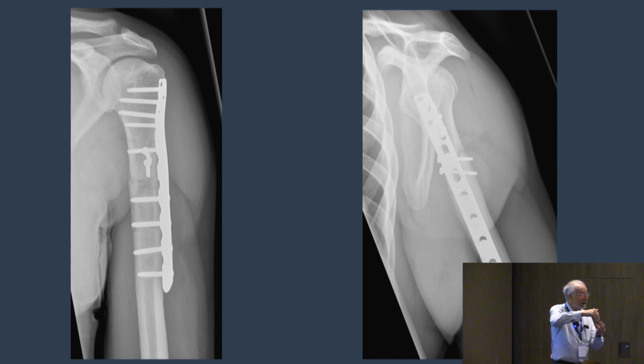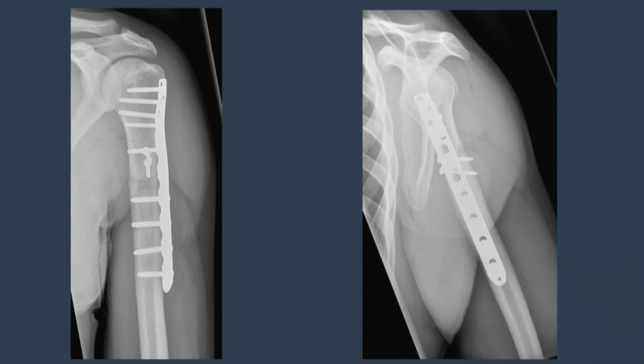And so to get another plane of control, it's now quite common, and I would favour it, to put an extra little plate on there, orthogonal to your main plate. It gives you more control over the rotation than you can get with an eccentrically placed plate. And so with a transverse fracture, difficult to lag, but you can put a second plate.